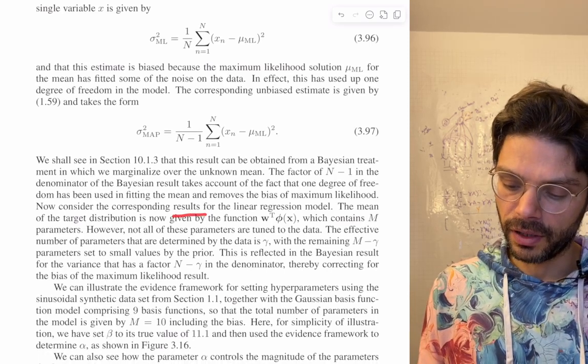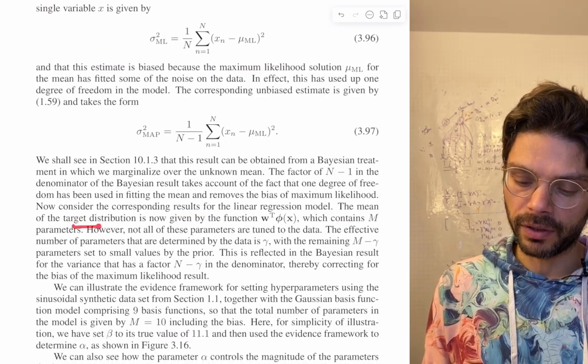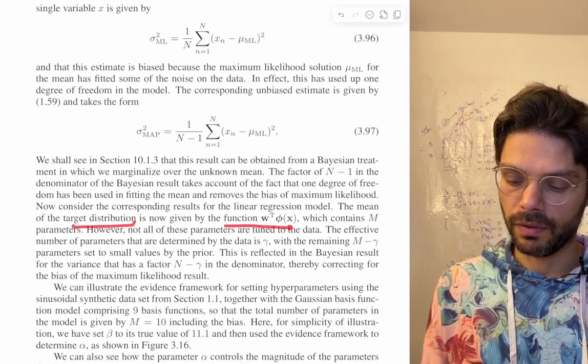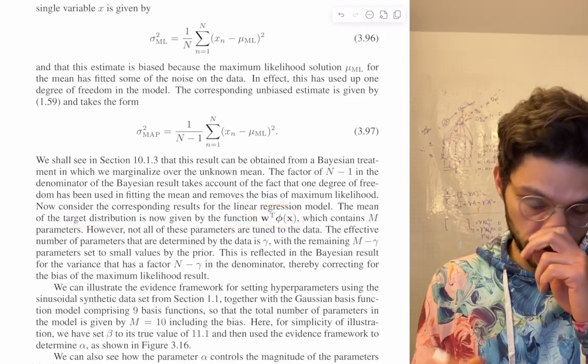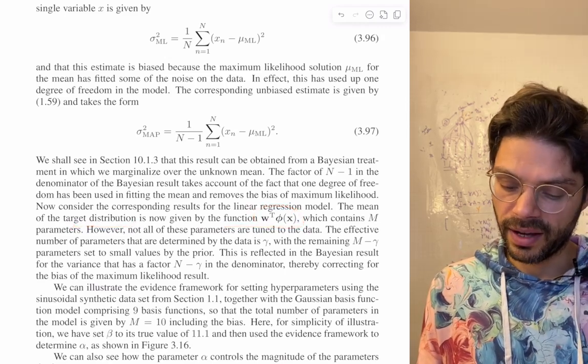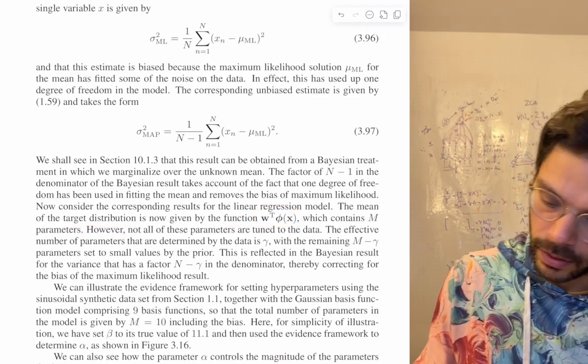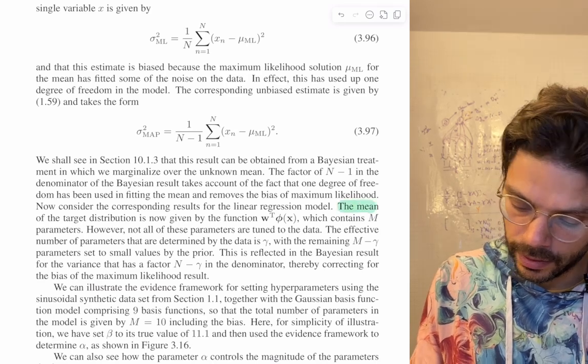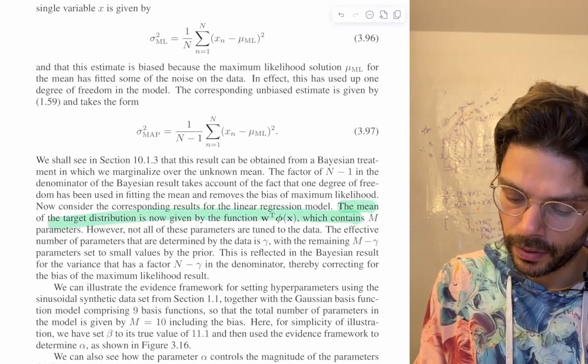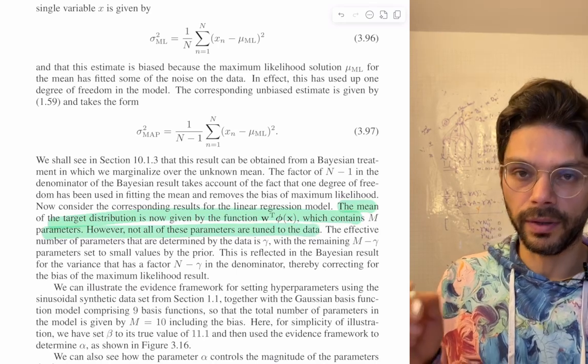Now let's look at what's happening in our case. Consider the corresponding results of the linear regression model. The mean of the target distribution is given by this, the linear combination of the features, which contain M parameters. However, not all of these parameters are tuned to the data.